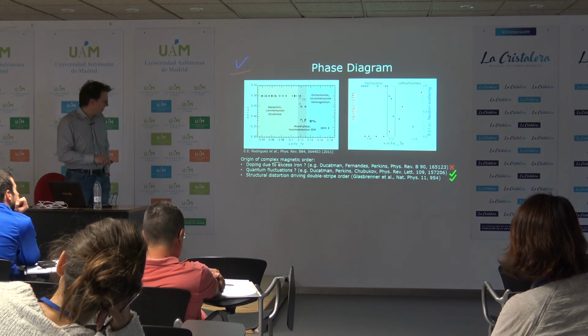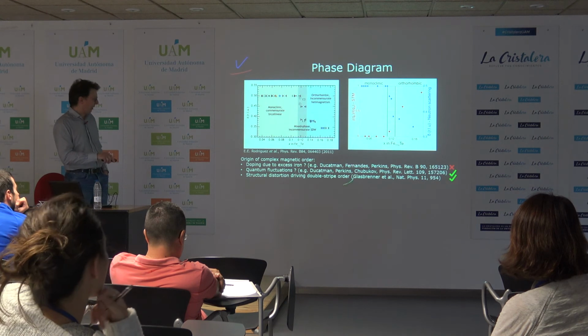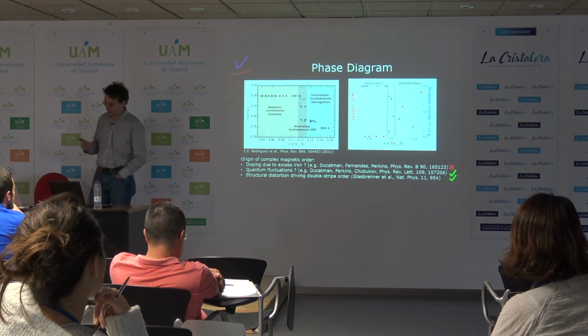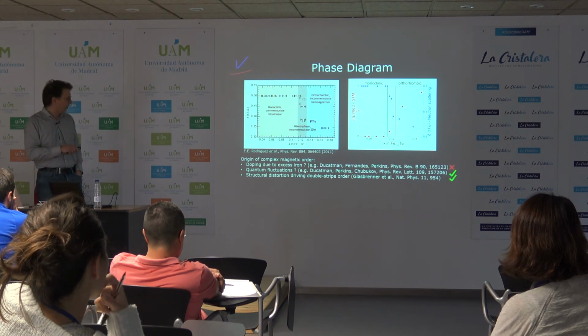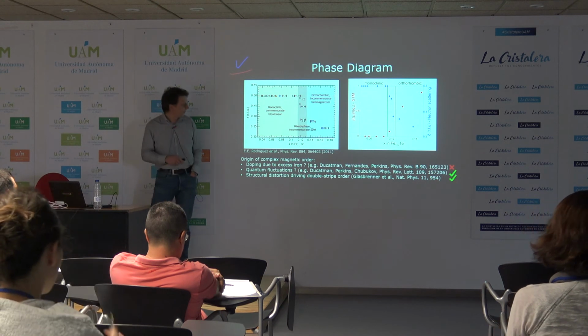So this would either support the quantum fluctuation picture, or in a way both, or that actually the structural distortion of the material is responsible for the formation of the bicollinear order at low excess iron concentration.